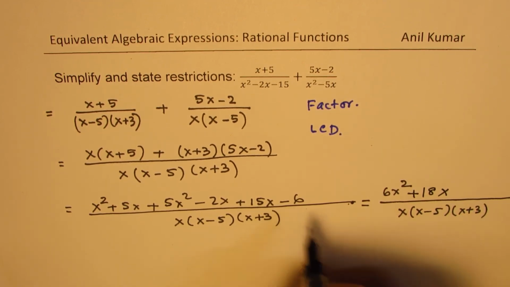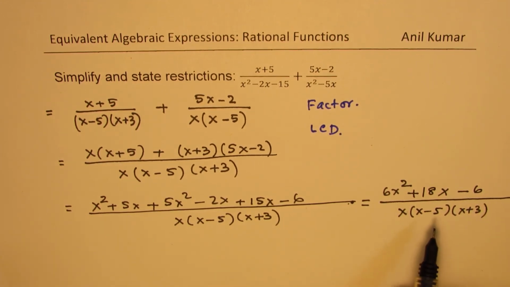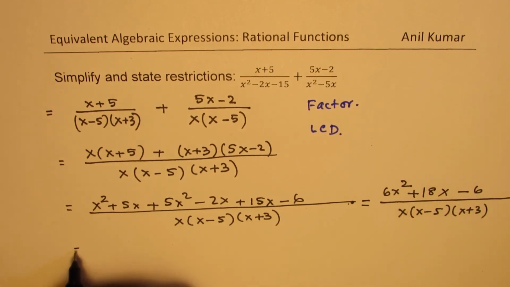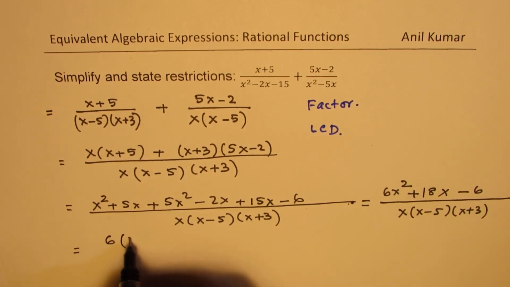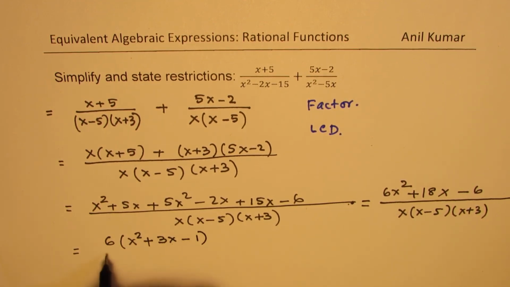The number is minus 6. So that is what we get, right? So if you want, you can factor the numerator taking 6 common, right? So we could write this as 6 common. We get x squared plus 3x minus 1, and the denominator is x times x minus 5 times x plus 3, correct? So that is the simplified form.